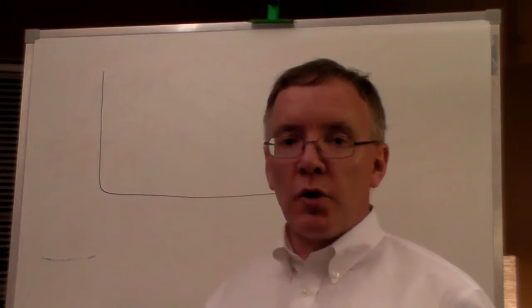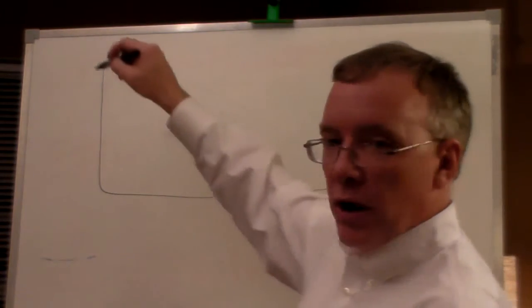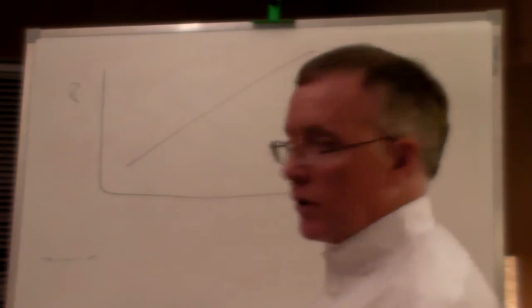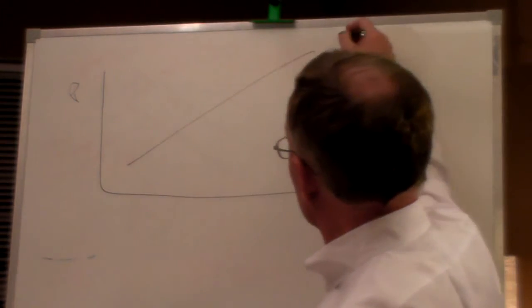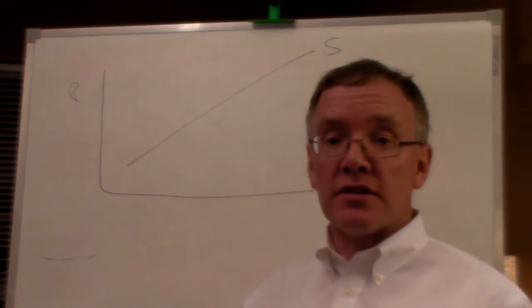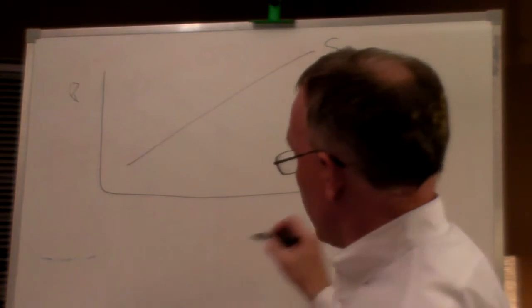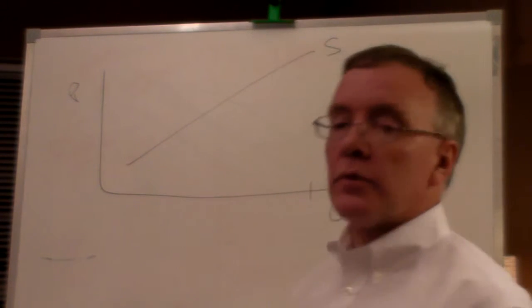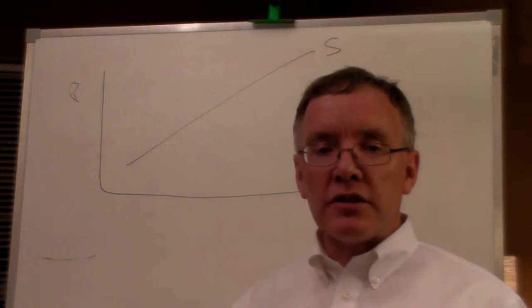So again, we would put the quantity on the x-axis and the price on the y-axis. And we could draw a supply curve, which I'll generally label S. Actually, we usually think of the supply as a function of the price.